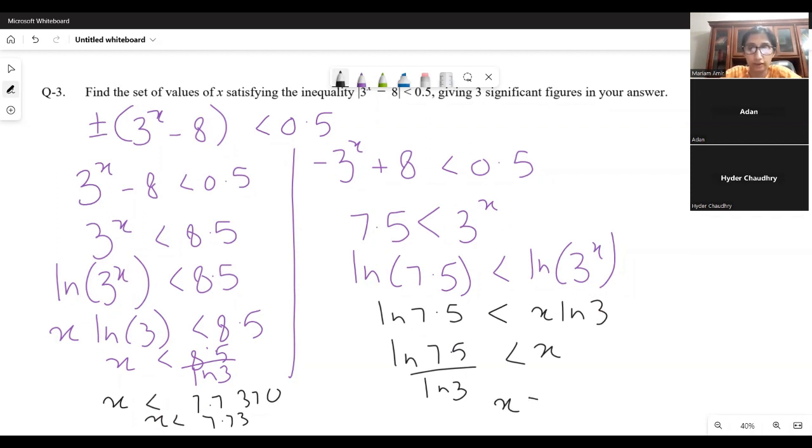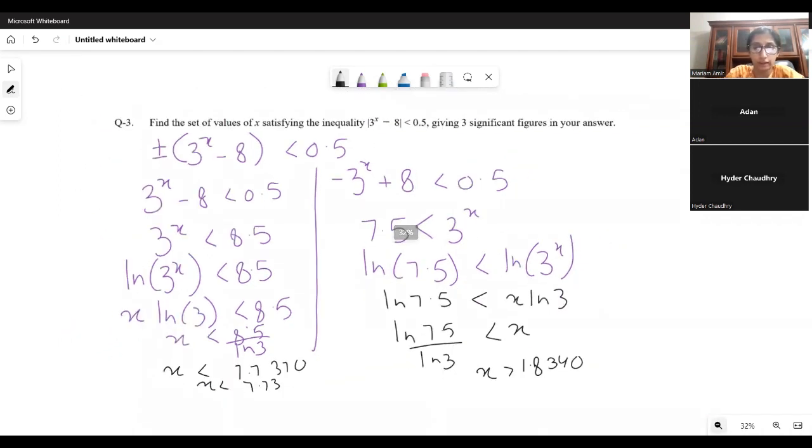So x is greater than 1.8340. So we're getting x is greater than 1.83 and less than 7.73. Let me check the answer. We're getting this answer, 1.83 and 1.97.